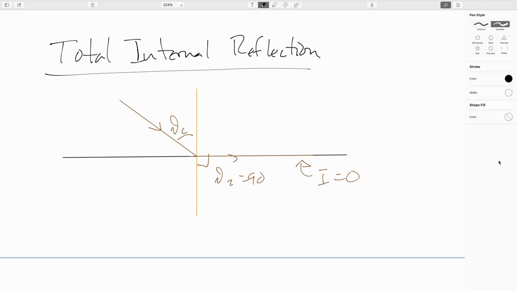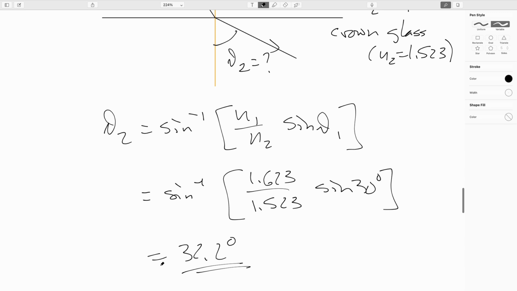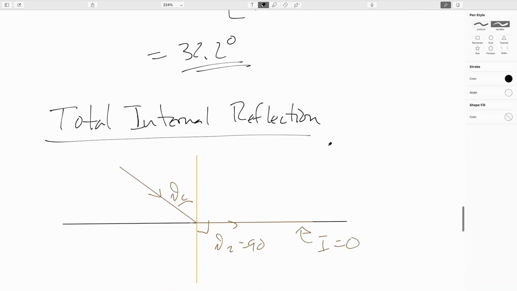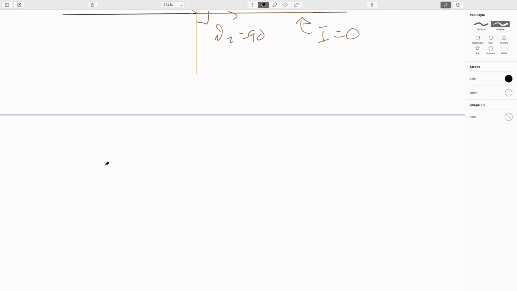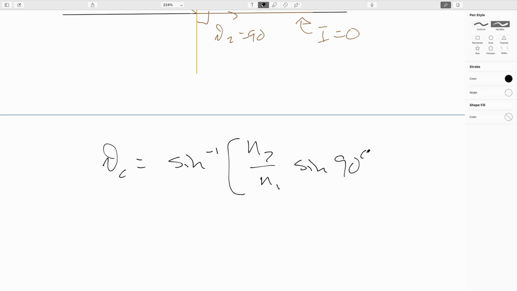Again, reusing our result though, we can observe that our critical angle, just reusing this result from before, we'll put in 90 degrees for sine theta 1. So we get that the critical angle would be the arc sine of n2 over n1 sine 90 degrees, but the sine of 90 degrees is 1.